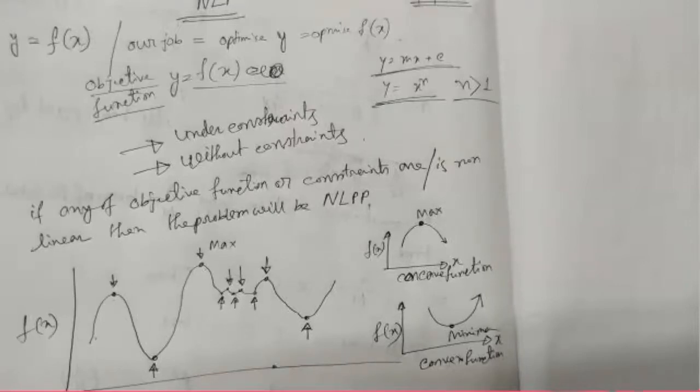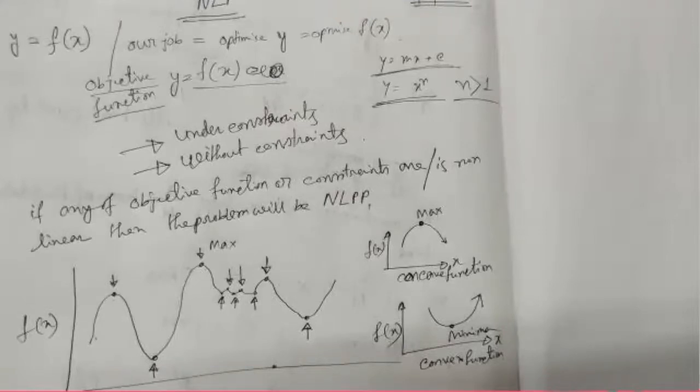So the point is, in our problem there are two types of functions. One is the objective function, the second one is the constraint function. Now if any one of these or all of these are in nonlinear form, then it will be a nonlinear programming problem. So there is a chance that the objective function is nonlinear and the constraints are linear.